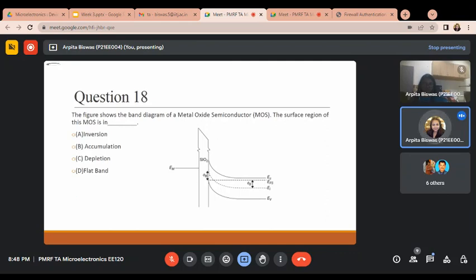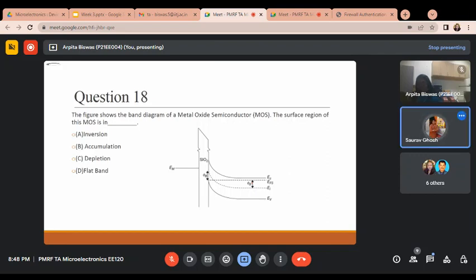Here is the QB, and the band is bending this side, and also here. See carefully. Okay, ma'am, it is an inversion because phi B and phi B, an equal amount of inversion has taken place. So the channel has got inverted. Yes, at the surface region, the channel is inverted.